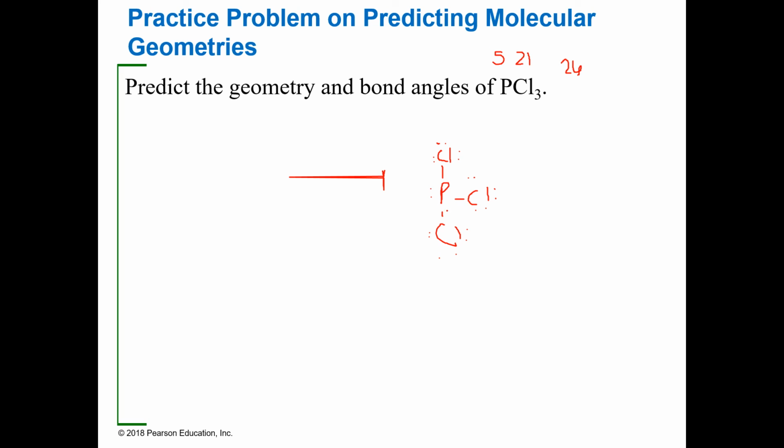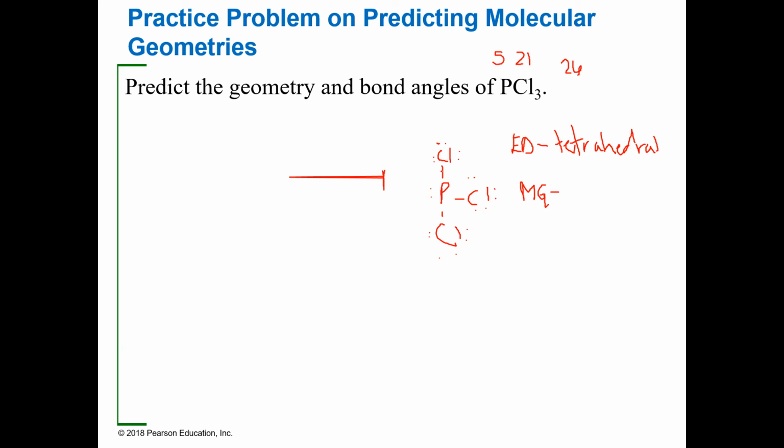It does. How many electron groups does it have? 1, 2, 3, 4. The electron domain geometry is going to be what for 4 electron groups? It's going to be tetrahedral. So we look at our chart. Tetrahedral. Is that also going to be our molecular geometry?